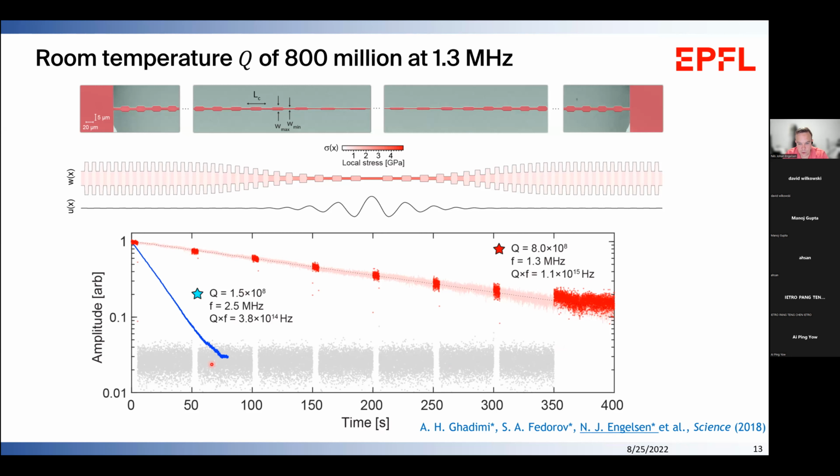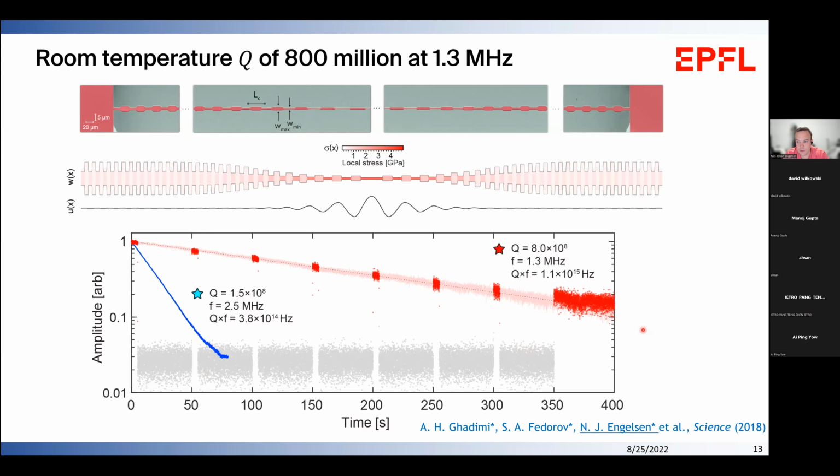What you can see is that we also did a stroboscopic measurement, which is to say that we turned the laser off for most of the measurement, so as not to drive or interfere with the decay of the vibrational mode. This is a technique that we use for all our quality factor measurements.